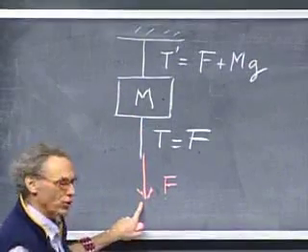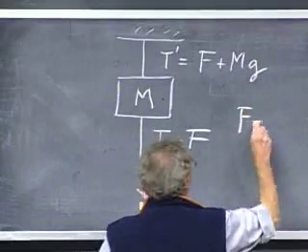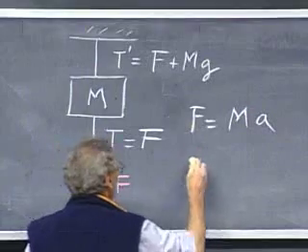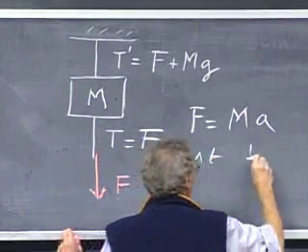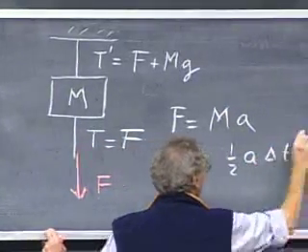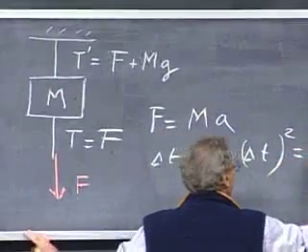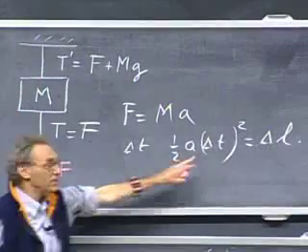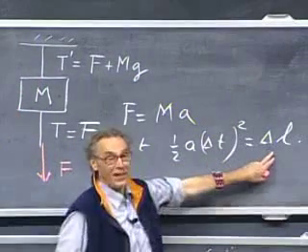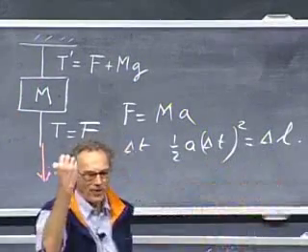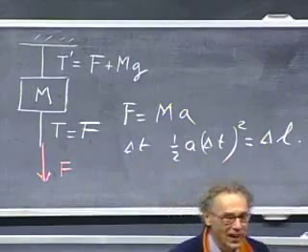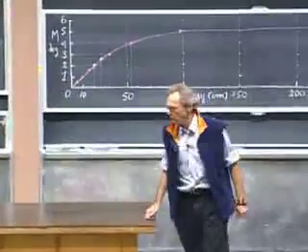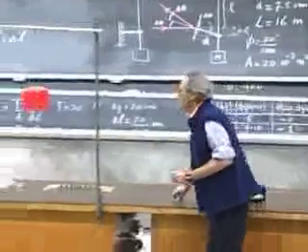Now, if I pull here with a certain force F, F equals ma, the block will come down with an acceleration a, and in a time delta t, it will move over a distance a delta t squared, which is that delta L that this string will feel. But that takes time to reach that delta L at which it wants to break. And so if I pull very fast, I don't give it that time. And that's why then the one at the bottom will break. And if I pull very slowly, the one at the top will break.